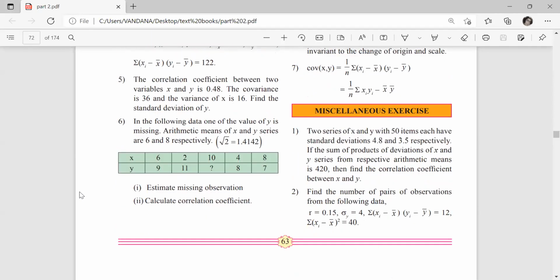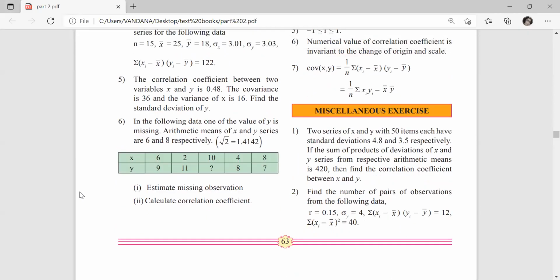Question number 6 is, in the following data, one of the values of y is missing. Arithmetic means of x and y series are 6 and 8 respectively. We have to find the missing observation and then we have to calculate the correlation coefficient. So the data is x and y, and x is 6, 2, 10, 4, 8, and y is 9, 11, A, 8, 7.